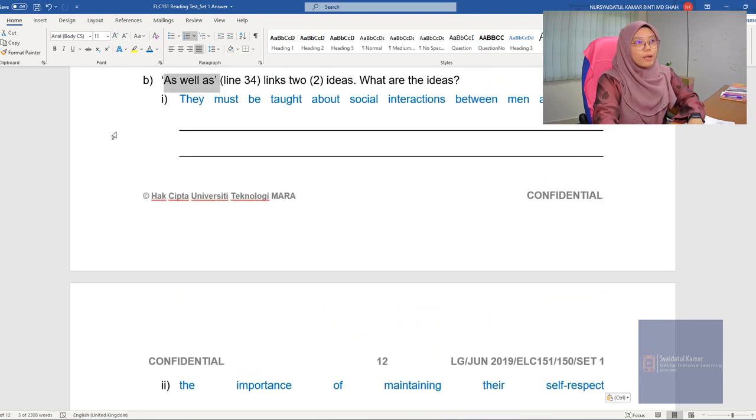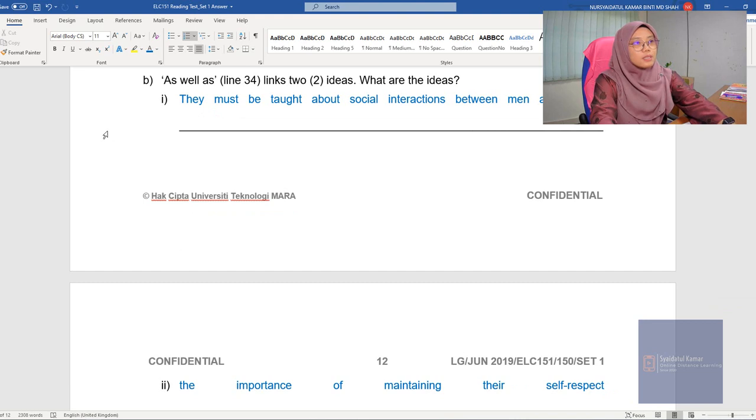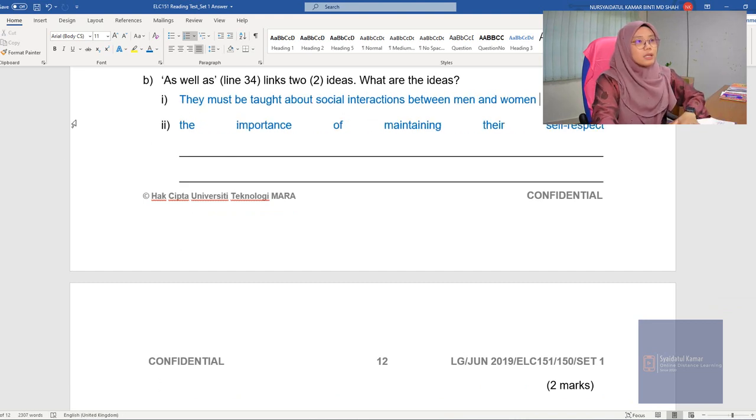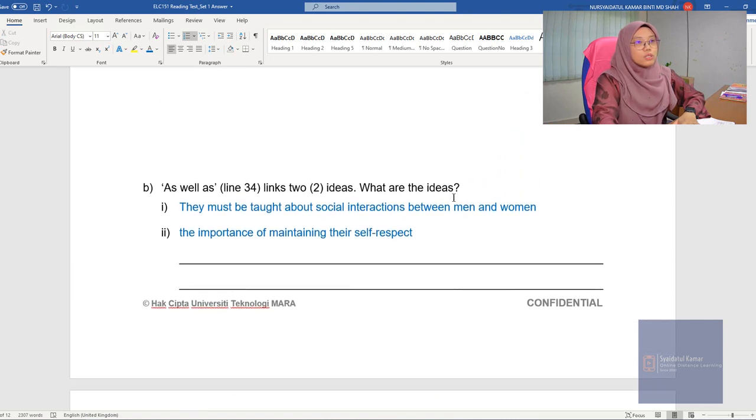Part of your answer must be just the idea alone. Again, remember not to include the question or the linkers as part of the answer. You just have to provide what the ideas are. For this question, this is the first idea and this is the second idea.